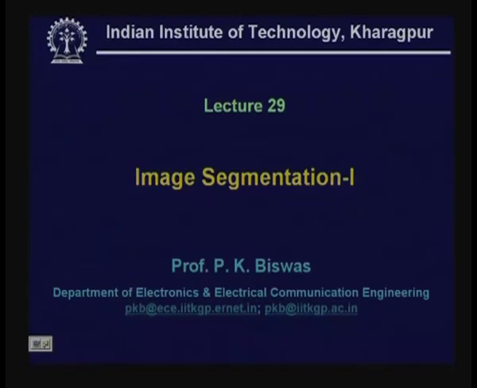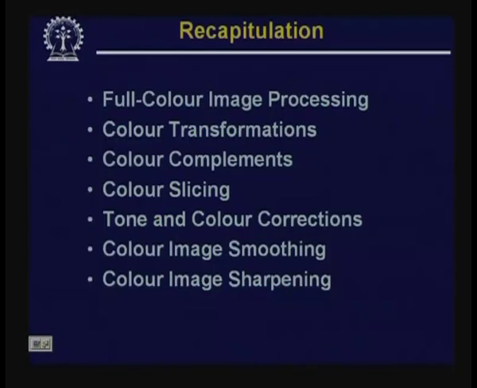In the last class, we discussed color image processing. We talked about full color image processing, and under full color image processing techniques, we discussed various topics like color transformation, color complements or color negatives. We talked about color slicing.